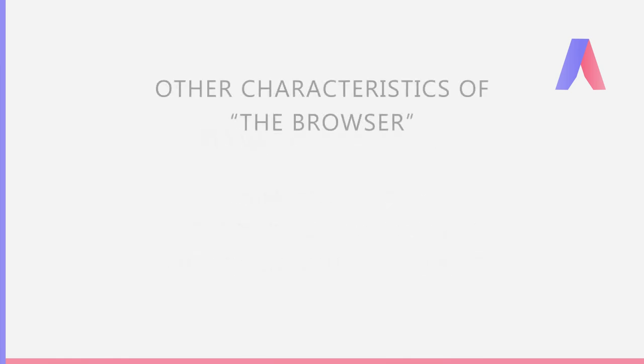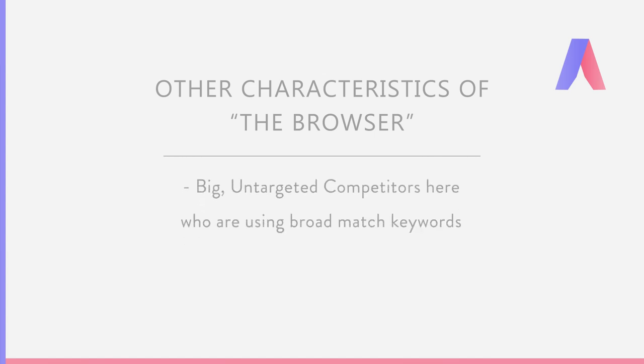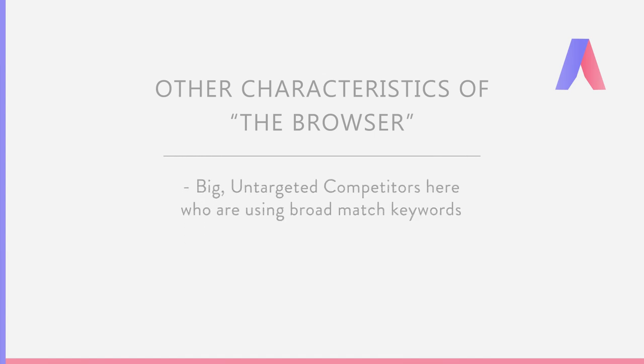Other characteristics of the browser are these types of keywords that they're typing in. Usually you only see big and untargeted competitors on these keywords. Usually you'll see really big name brand companies. They're using broad match keywords to show up in these areas.